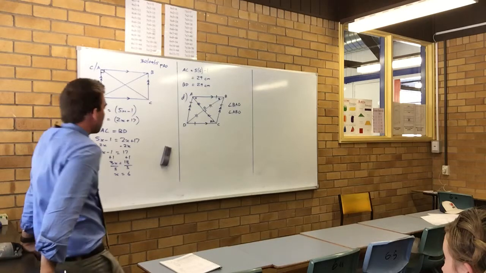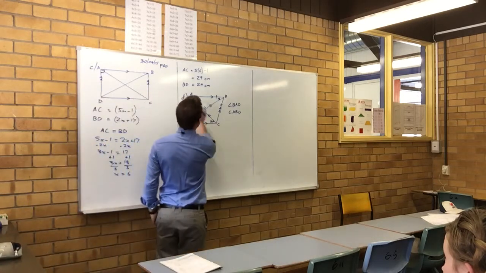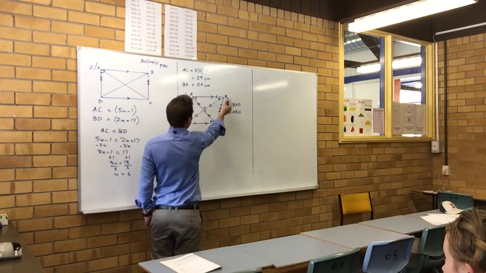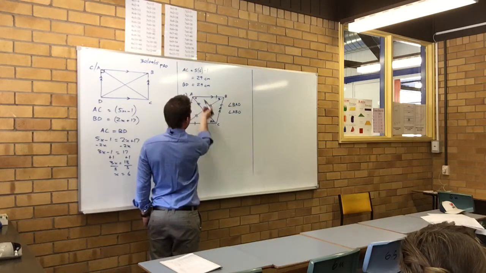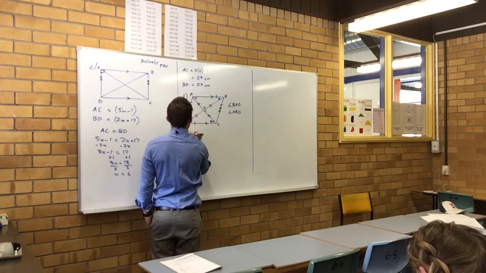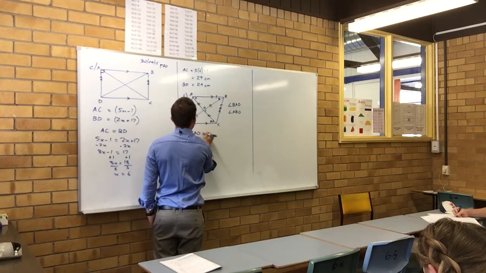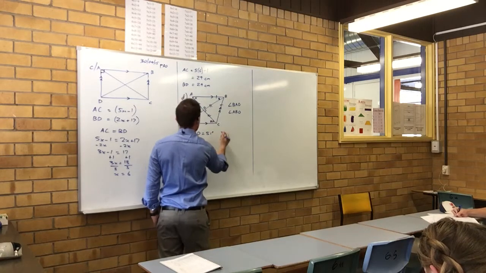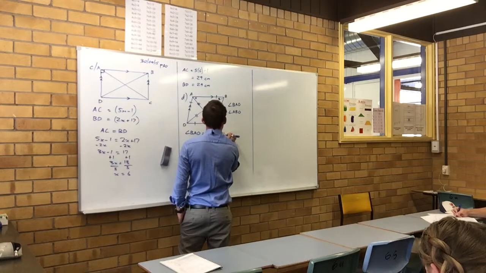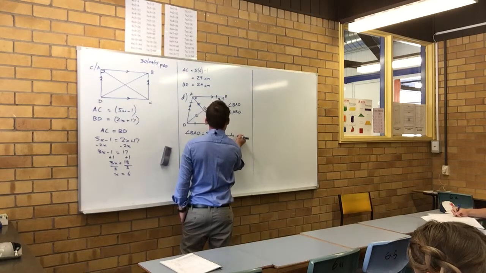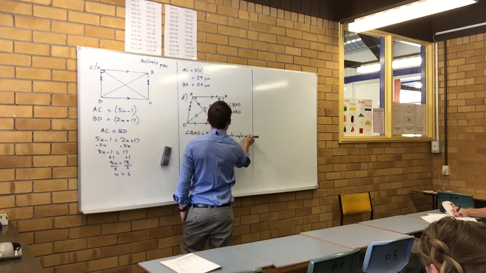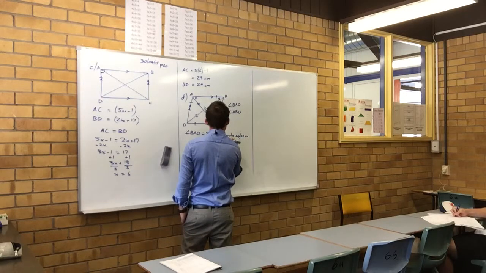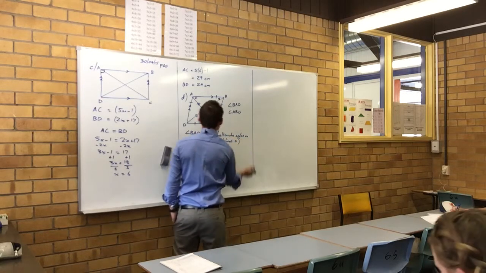Because of alternate angles. Parallel line, transversal, there's your Z, that angle equals that angle. So angle BAO is equal to 51 degrees. Alternate angles on parallel lines are equal.